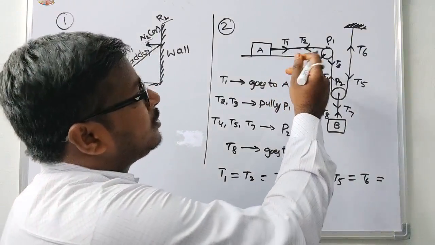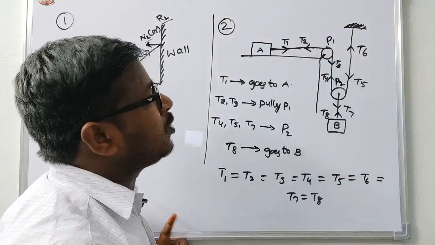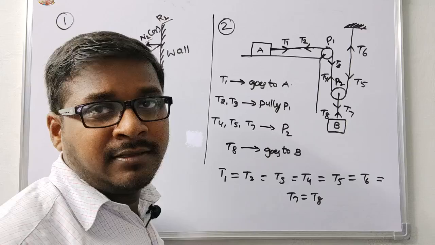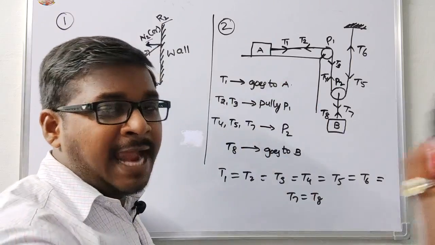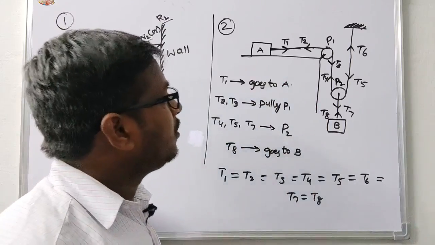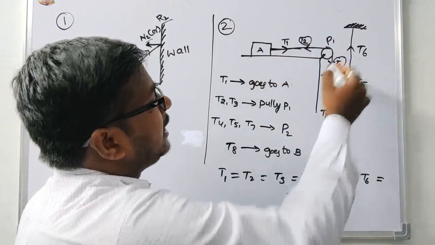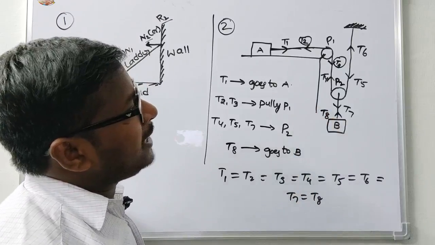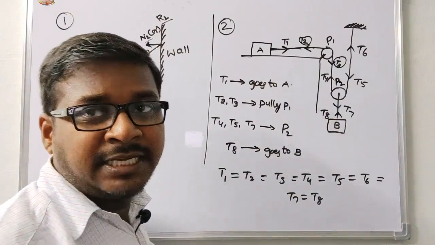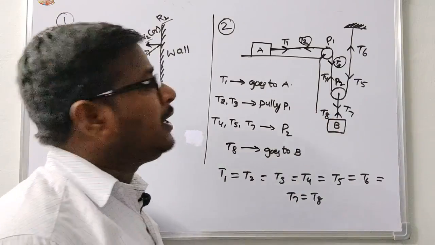The first one, T1, the first tensile force, goes to block A; that is the force acting on block A. The next two, T2 and T3, are applied by pulley P1.